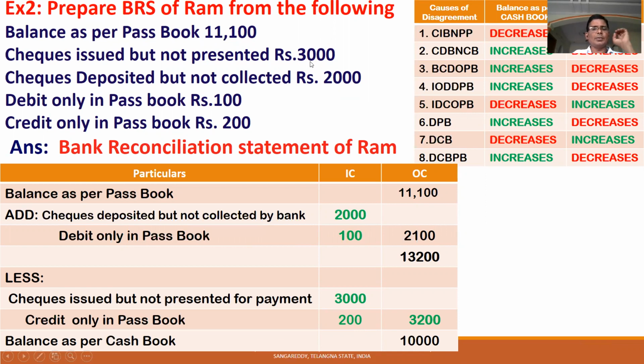Check issued means cash book credit, cash book decreases, and passbook increases.